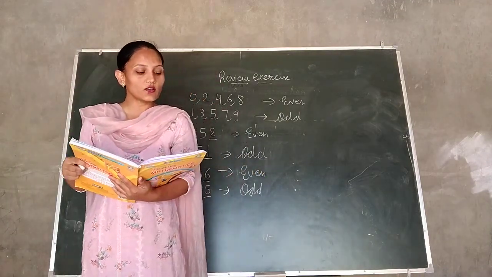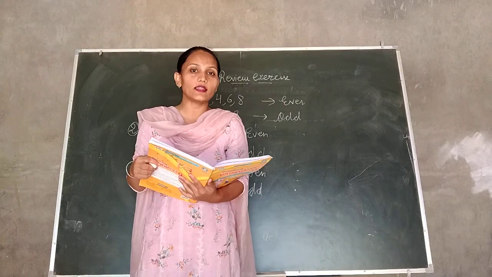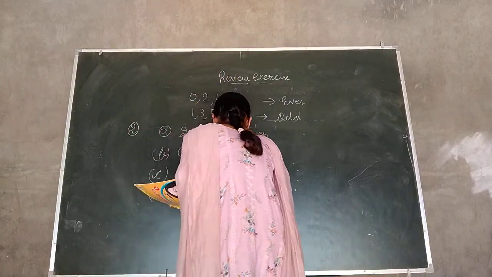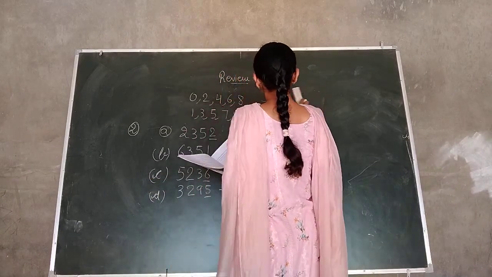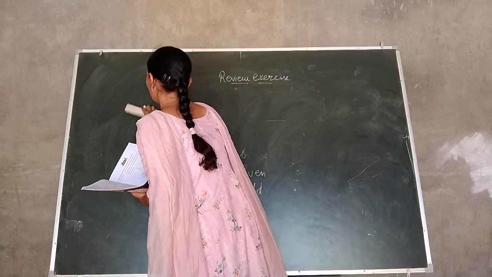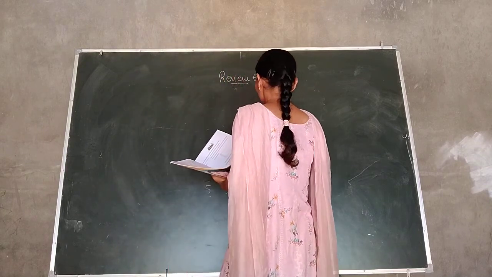Next question is: use the correct sign, greater than, less than or equal to. Now we have to insert the correct sign, greater than, less than, or equal to, according to the statement.